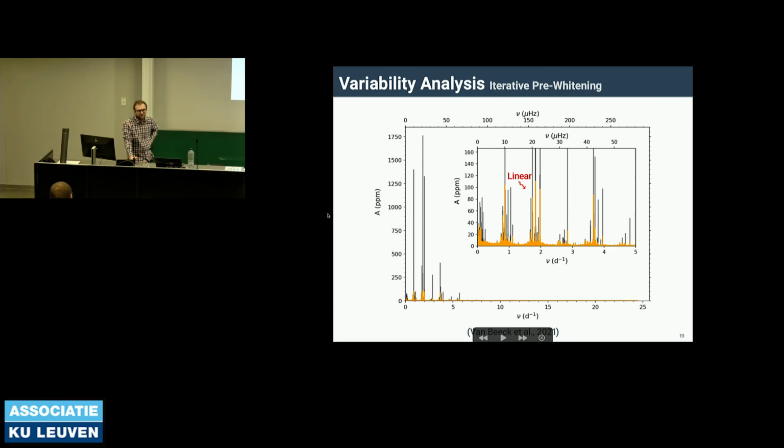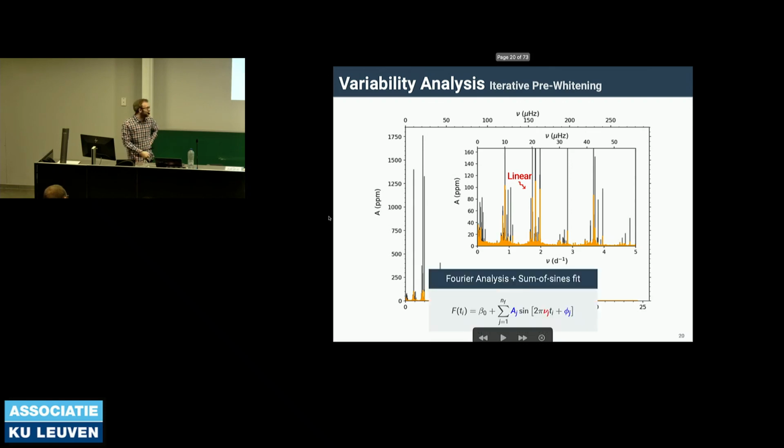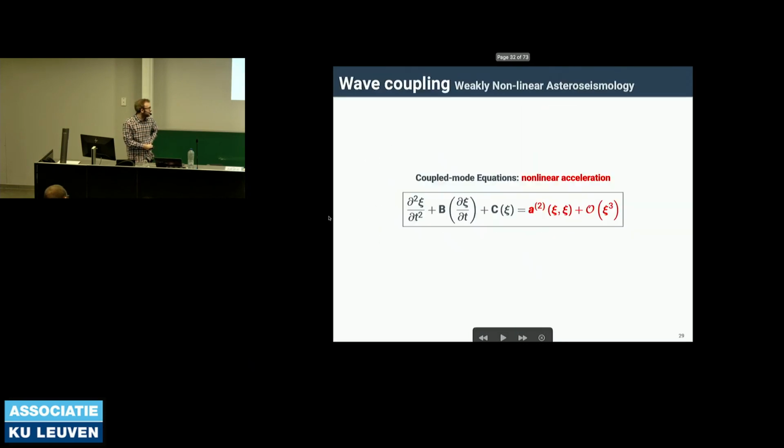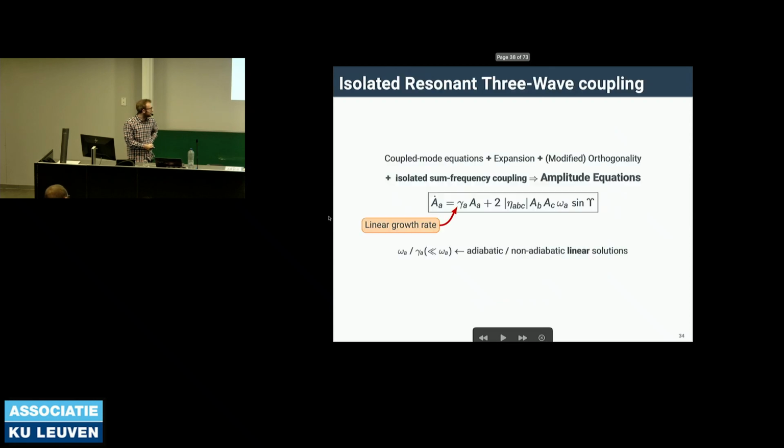Yeah, so that would mean that you might have a frequency that is varying over time, and then this would also cause some of these features in these periodograms. And that is also interesting because then, in principle, you can numerically integrate these.